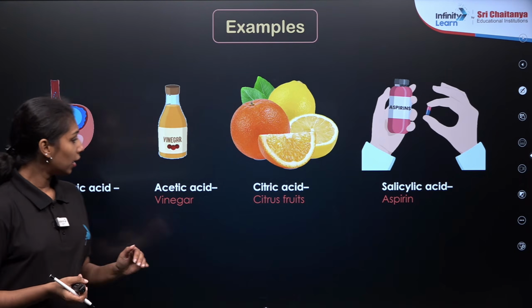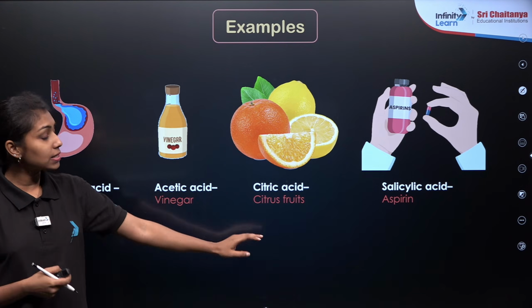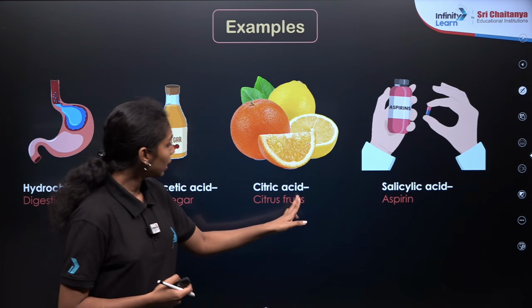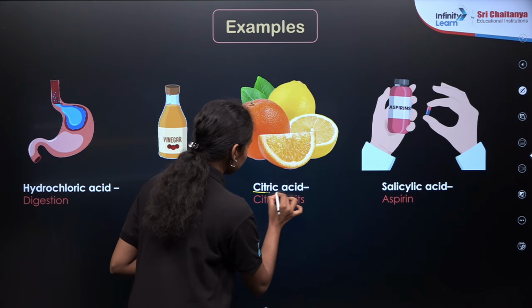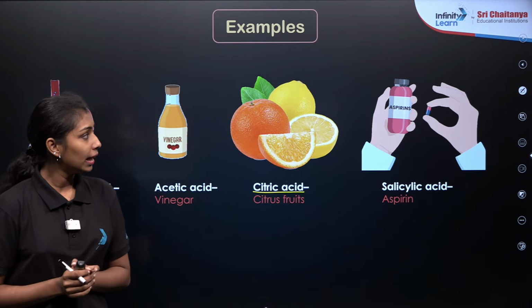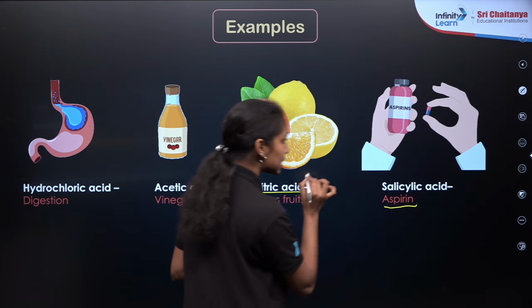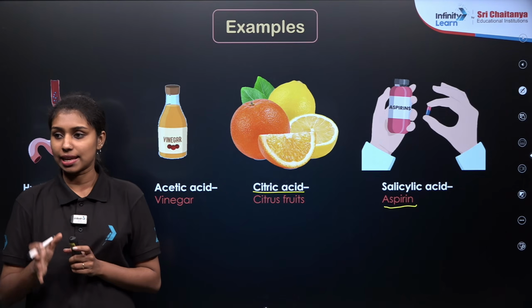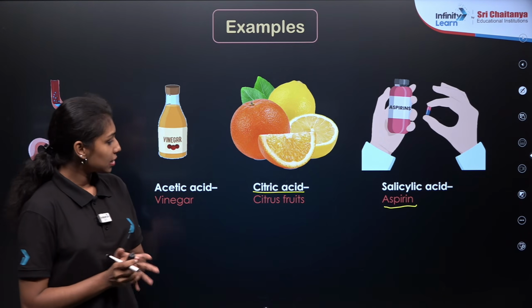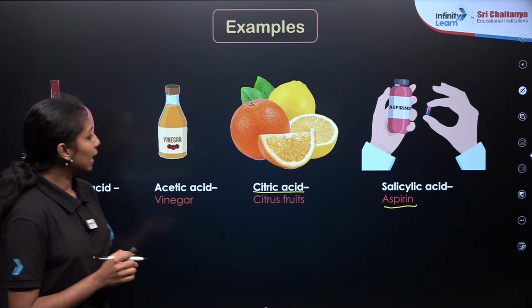Then citric acid, present in all citrus fruits like lemon. Then in painkillers like aspirin, we can see salicylic acid. Clear? These are just examples of acids in our daily life.